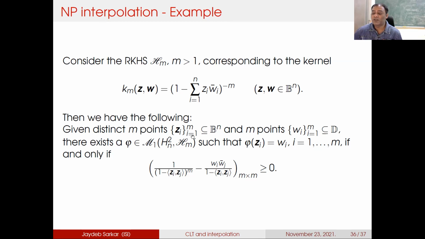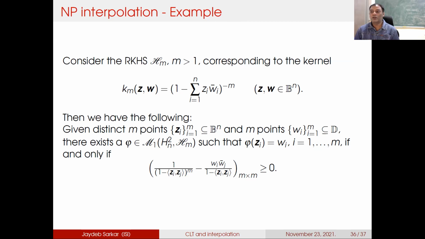Given m distinct points z_i in B_n and m points omega_i in D, there exists a multiplier phi of multiplier norm less than or equal to 1, such that phi of z_i takes you to omega_i if and only if this m by m matrix is positive definite. Now you see this is the Bergman kernel here, this is the Drury-Arveson kernel, and omega_i omega_j bar appears here. This is a scalar. And of course, if you are in the Drury-Arveson space, n equals 1, you get back the known positivity assumption.